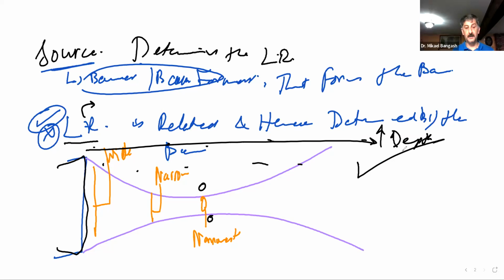If the width of the beam is greater than the distance between two structures that lie perpendicular to the main axis of the beam, or side by side, then you would have a bad lateral resolution.